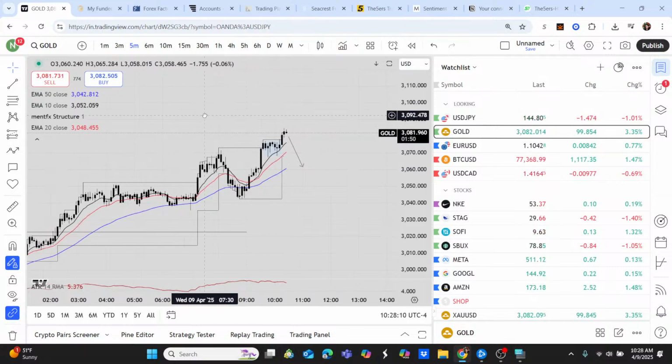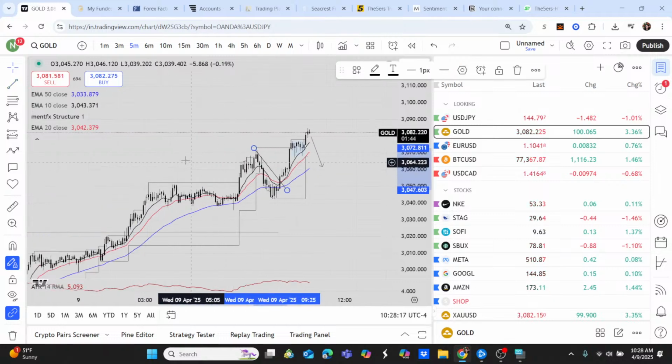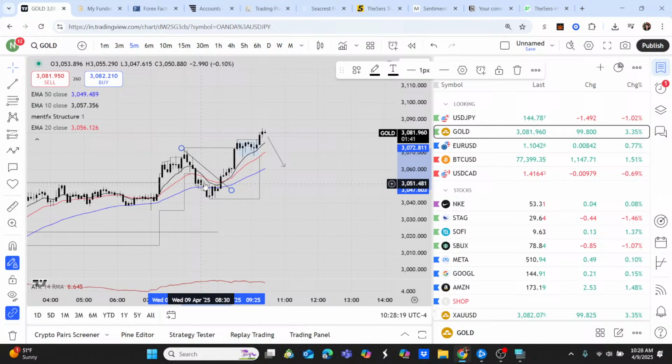It will look really clean if it did it, because basically it will look like this right here. Then all I would have to do is just trail it with that 10 right there.